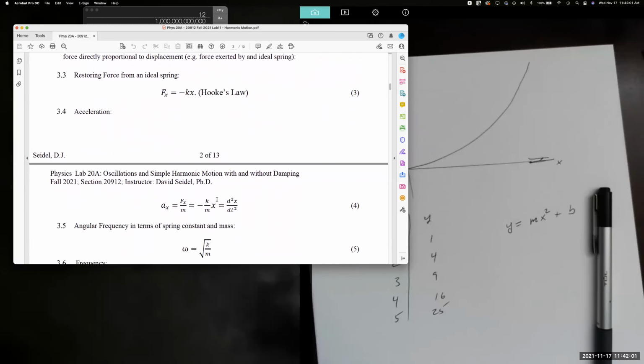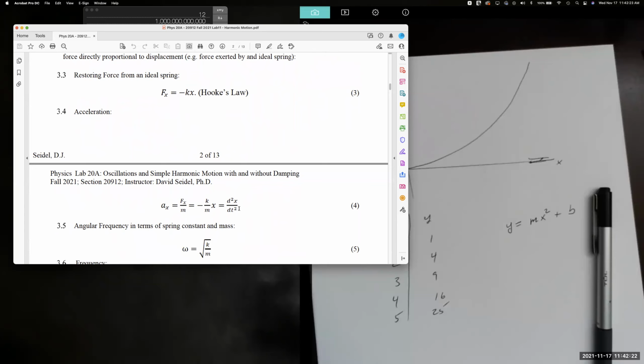The acceleration. Well, here I've written down a little bit of calculus. You don't need to know what this means here. This is just a little bit of calculus. But a sub x is F sub x over m, which is minus kx over m.